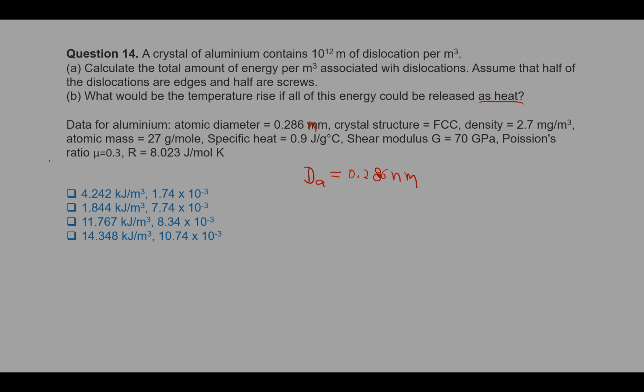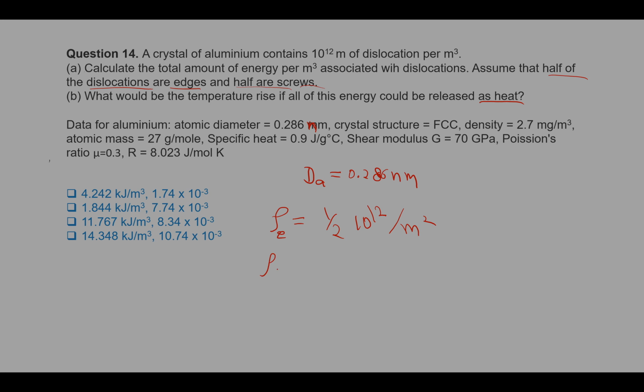As here they're asking to calculate the total amount of energy per meter cube associated with the dislocation, first they are telling to assume that half of the dislocations are from edge and half are from screw. So for edge, we'll write the rho edge. It will be 1 by 2 10 to the power 12 per meter square. It is in density.